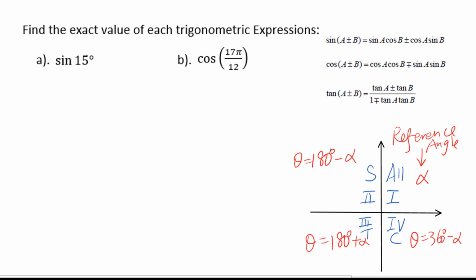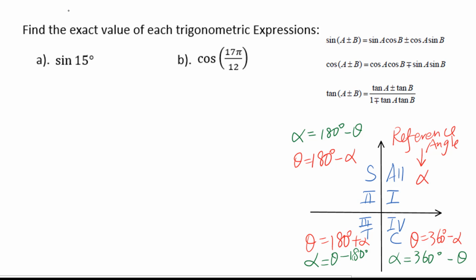We can also figure out the reference angle. Alpha equals 180 degrees minus theta. For the third quadrant, alpha equals theta minus 180 degrees. For the fourth quadrant, alpha equals 360 degrees minus theta.